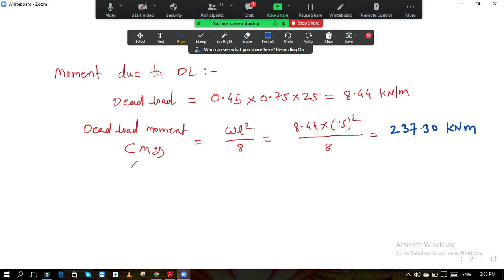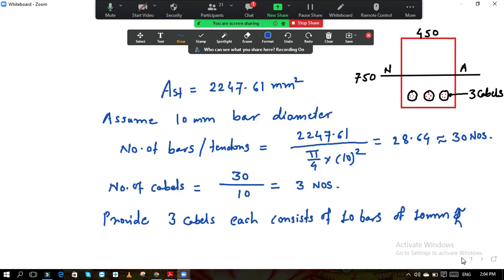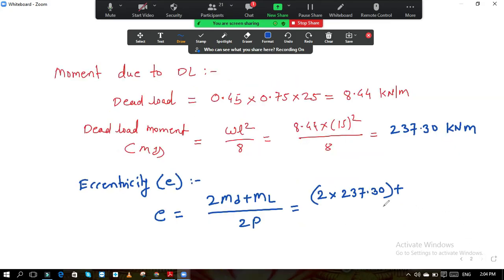Now after that, last step, eccentricity calculation. So eccentricity E is equal to 2 MD plus ML divided by 2P, which is equal to 2 into dead load moment MD, 237.30, plus ML.